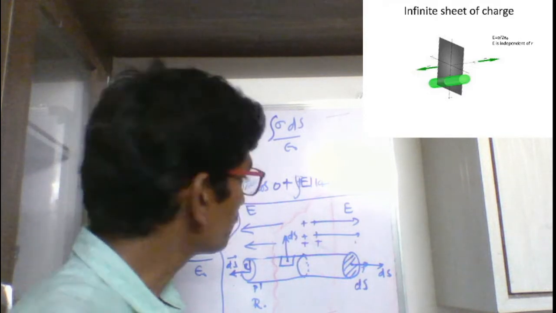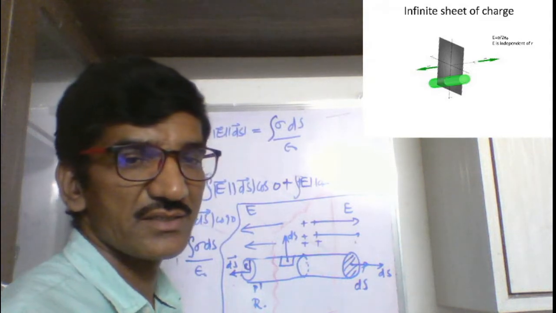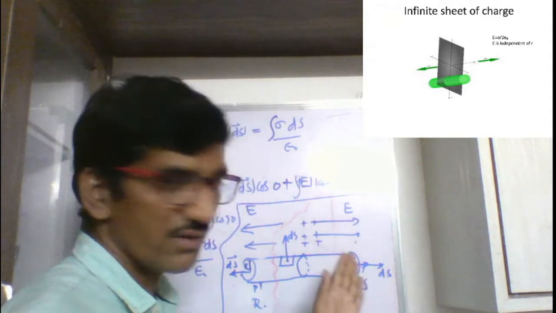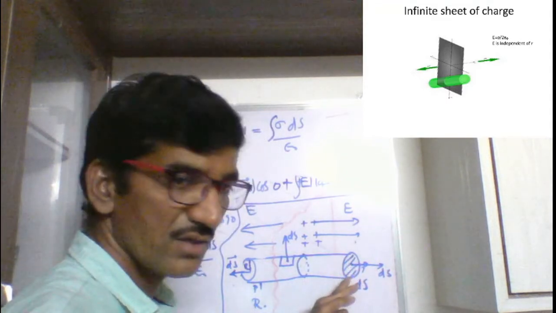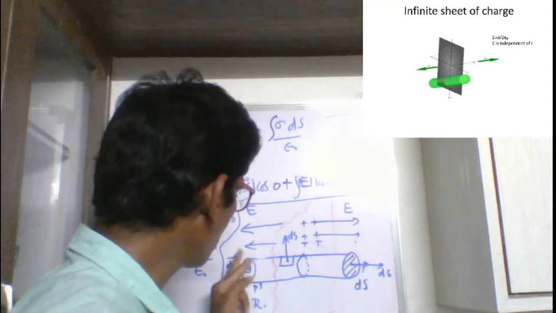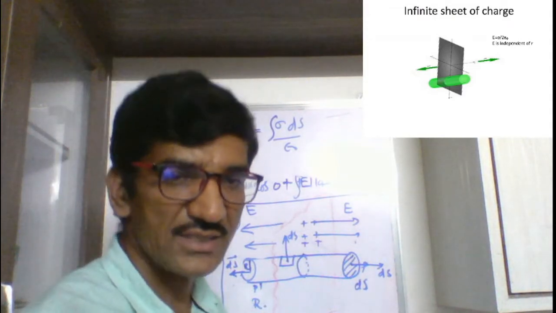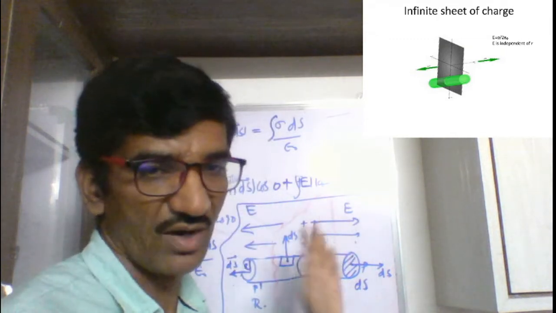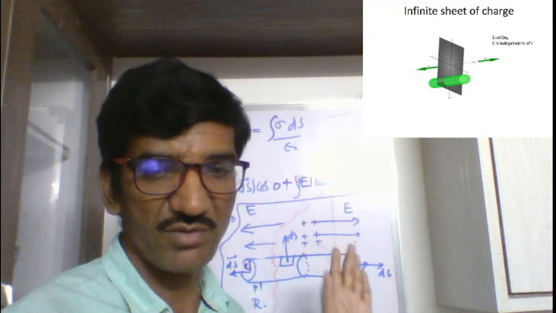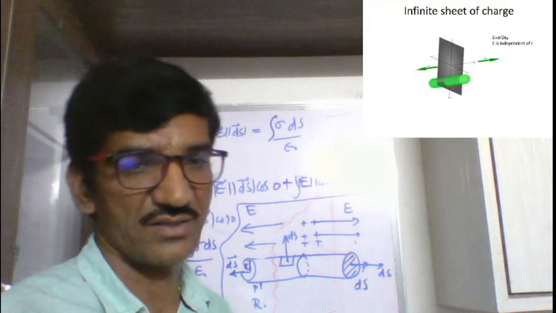You see, here also E is constant. Why? Because for all the points on this plane, E is constant. It is also a symmetrical object, dividing the space into two equal parts, your plane. So our problem is a symmetrical problem. Here also E is a constant.